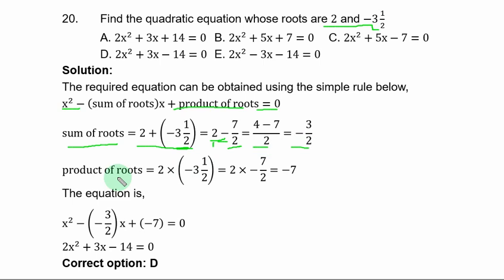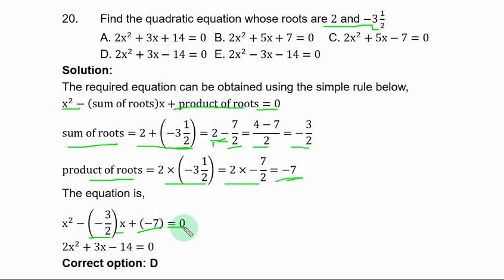The next thing is to get product of roots. The two roots being multiplied, you have it in this form, and you have minus 7. The equation is S squared minus sum of roots times S plus product of roots equal to 0.